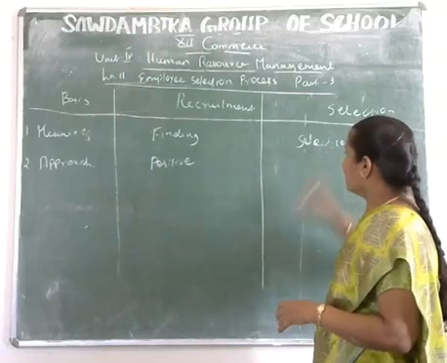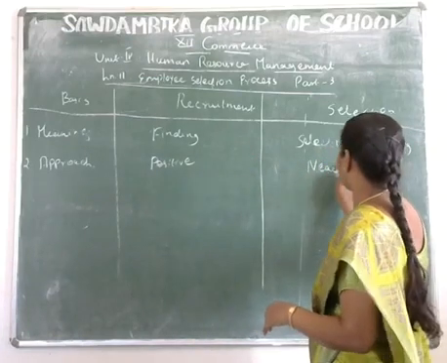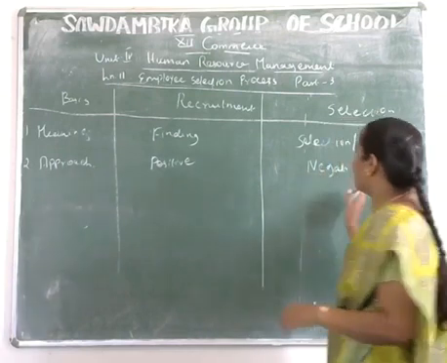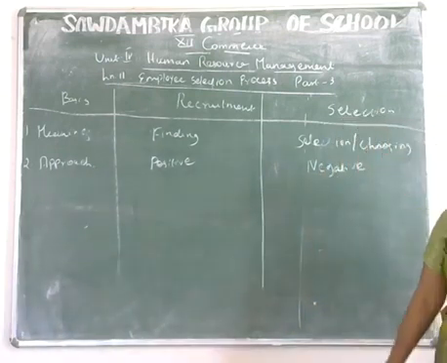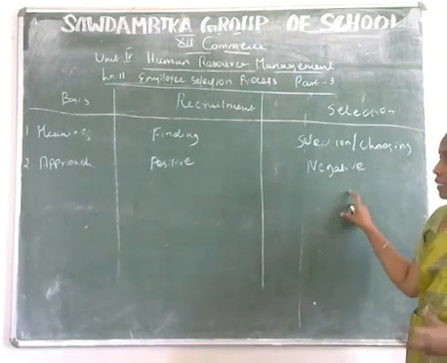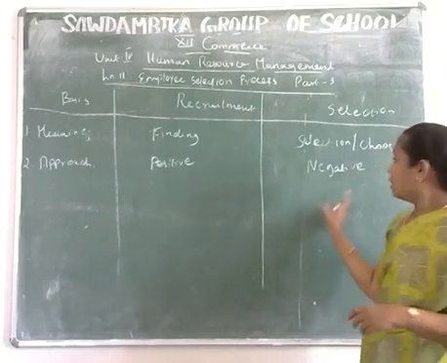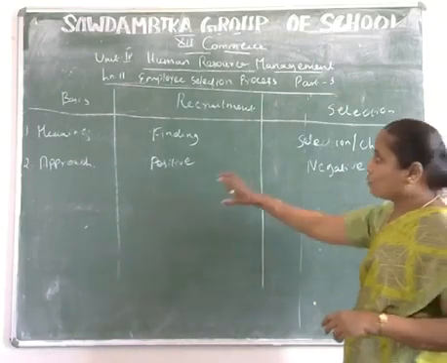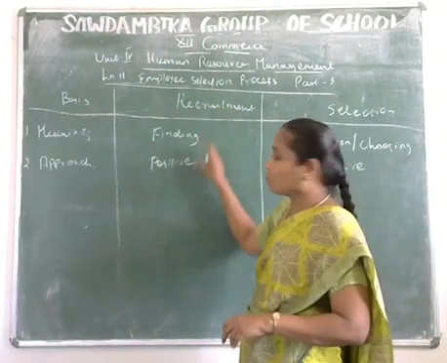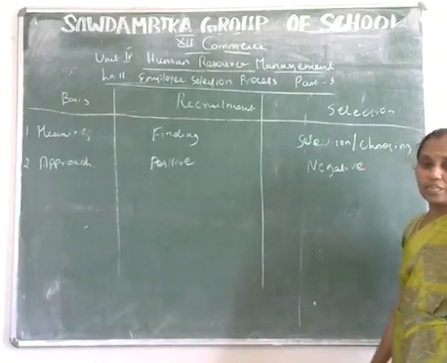But the approach under selection is negative, because selecting particular candidates and eliminating the rest is negative. So the approach under recruitment is positive, and the approach under selection is negative.